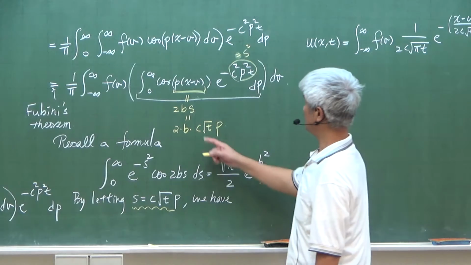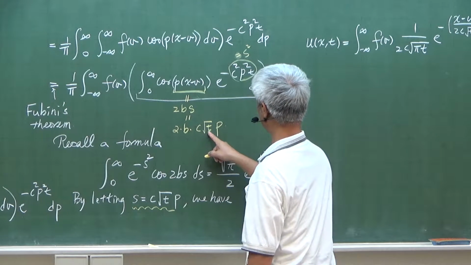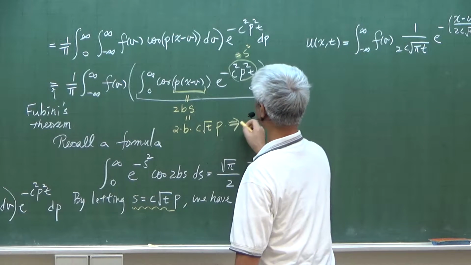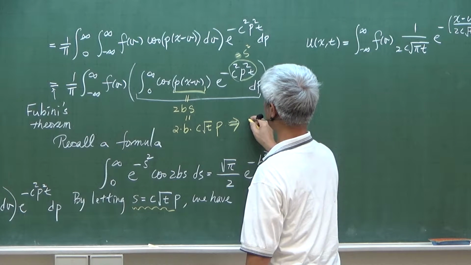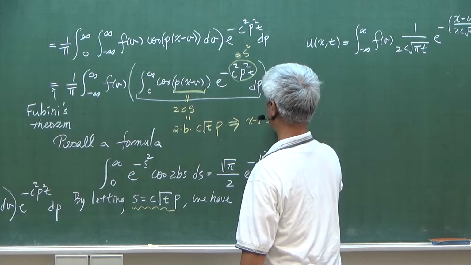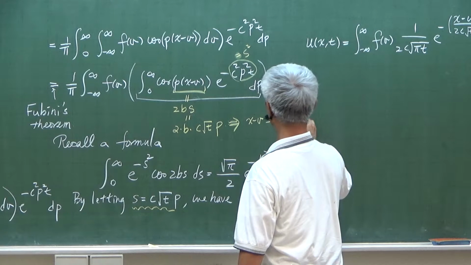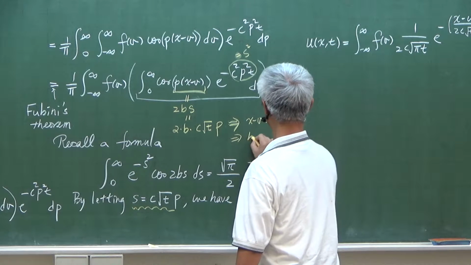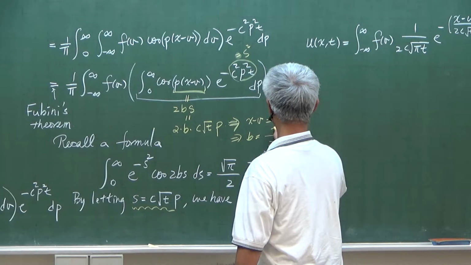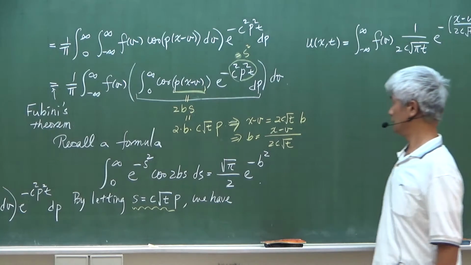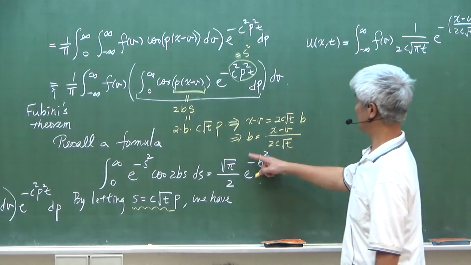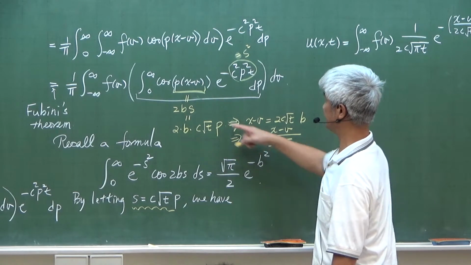So 2 times b times c times square root of t times p equals this one. This implies x minus v equals 2c square root of t and b, so this implies that b is equal to (x minus v) over 2c square root of t. All right, and so the integral is equal to this one.